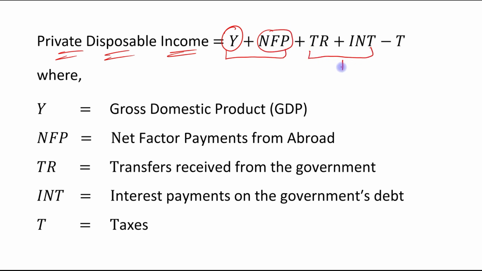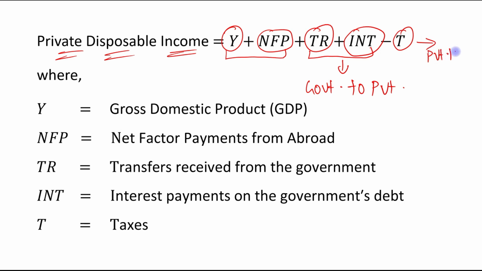These two components denote the payment by the government sector to the private sector. Okay, transfer payments, and this is the interest on the government debt, and this is the taxes paid by the private sector to the government sector. So this is the expenditure of the private sector, and that is the reason we are subtracting it.